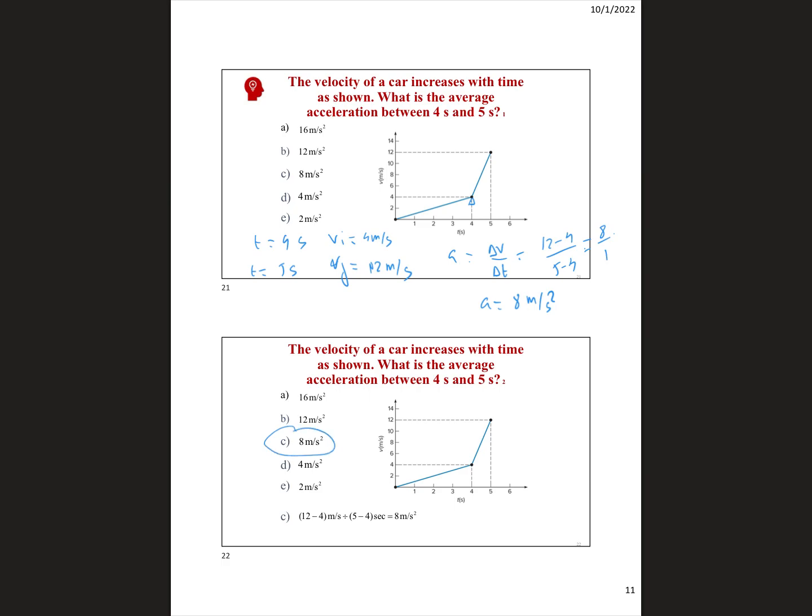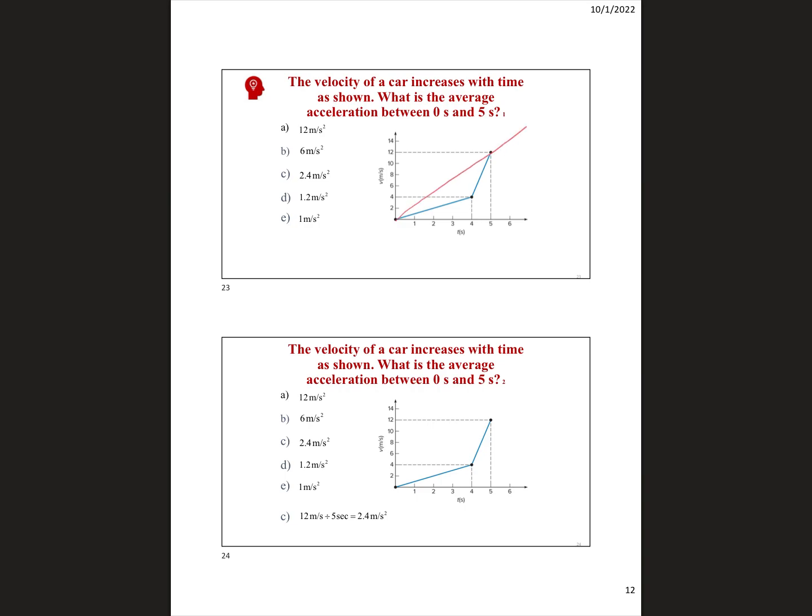Okay. Let's go to the next one. Now it asks you the same question, but the time interval is between 0 and 5. It means that the curve is this one. So this is V, this is T, and you will do the same equation, A equals delta V divided by delta T, but in the interval from 0 seconds to 5 seconds.